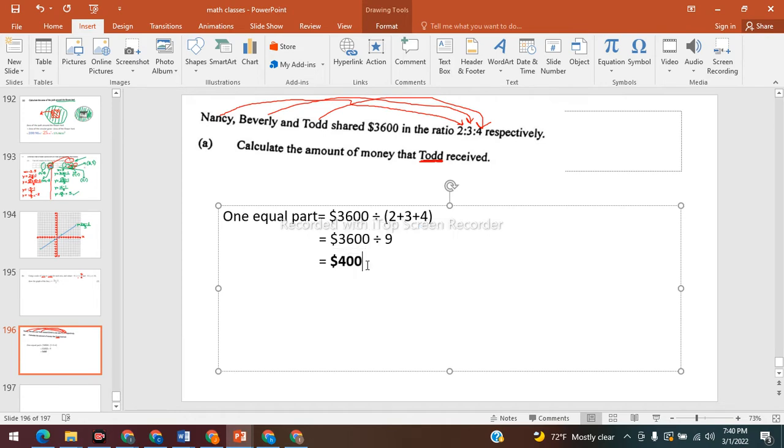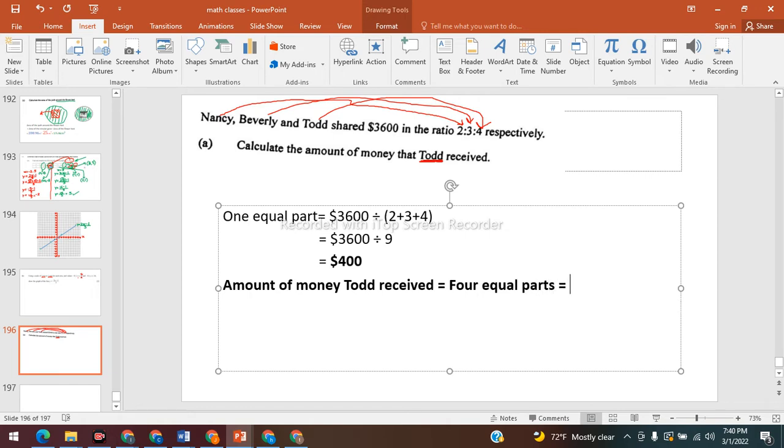Alright, so we want to find the amount of money Todd received. It's going to be equal to 4 equal parts.